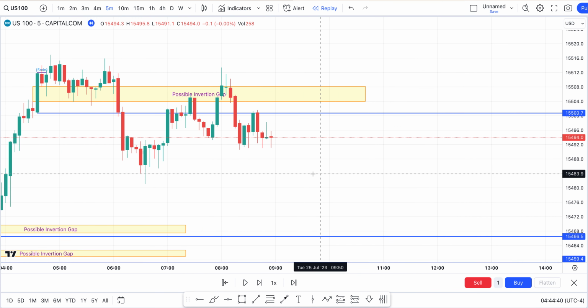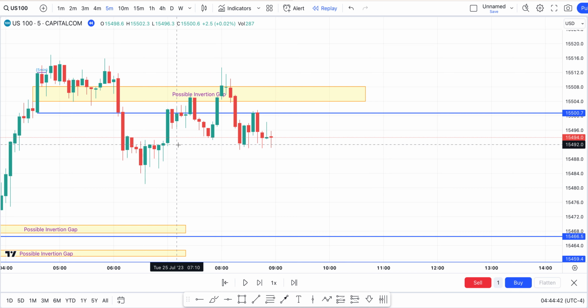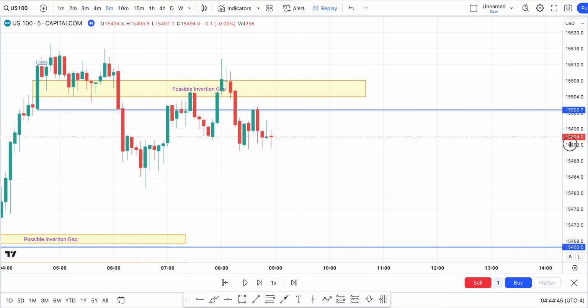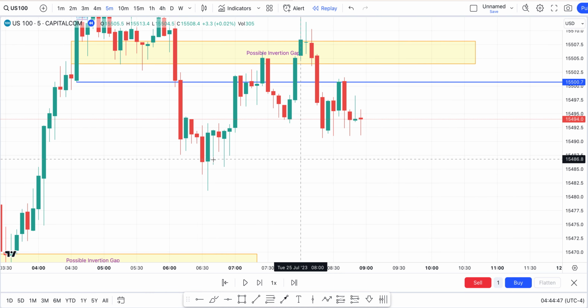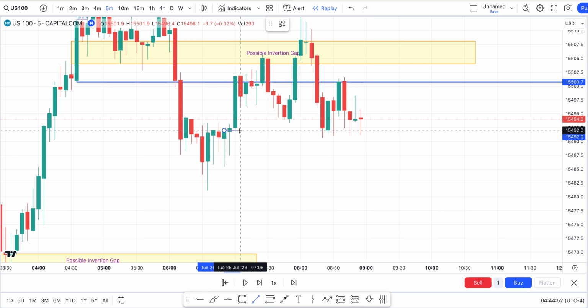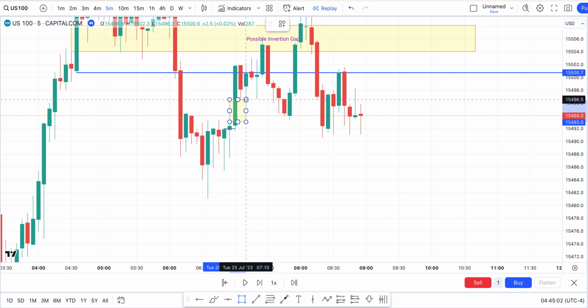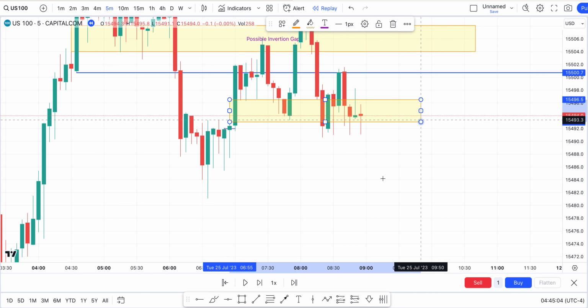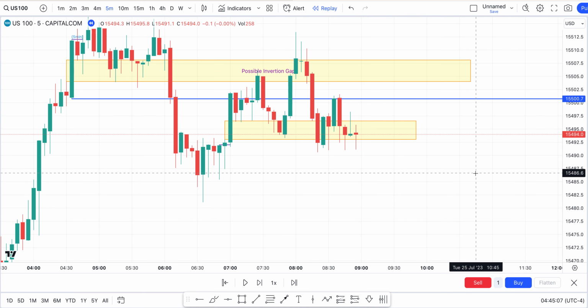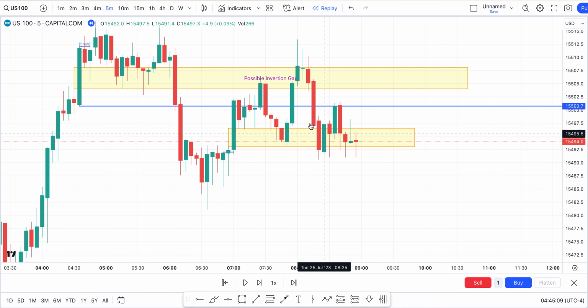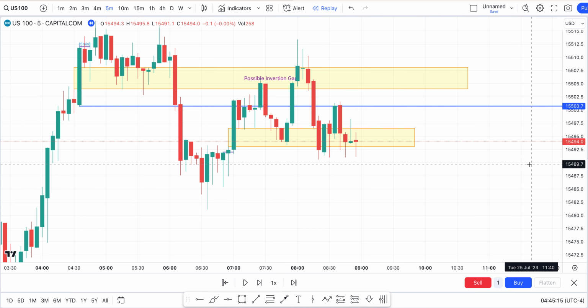I'm looking if there's any more now that maybe I missed. For instance, I missed this one. This one is not because there's a gap, very small gap, but there's a gap.